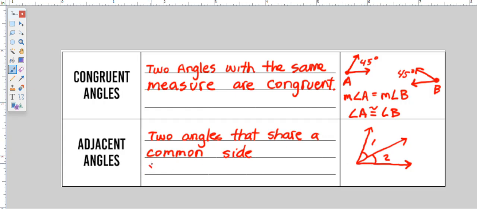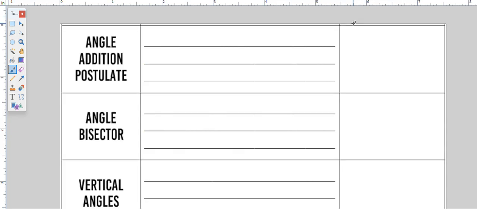They are next to each other. And with everything that we've learned about angles, that means that we can talk about postulates.